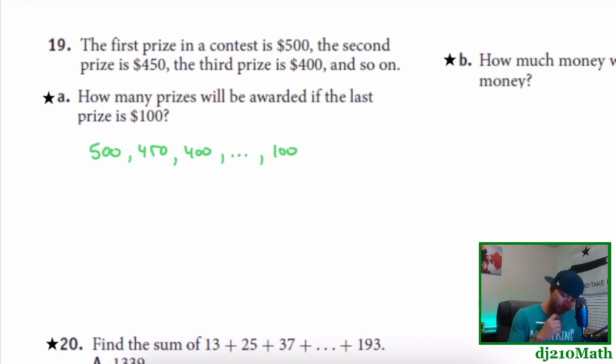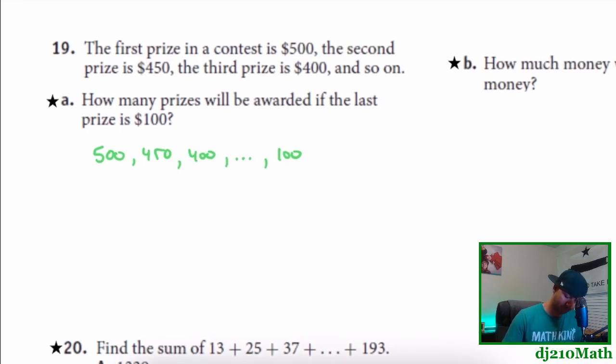Okay, well, I mean, it's decreasing by 50. Right, those are the ones that are missing. So 1, 2, 3, 4, 5, 6, 7, 8, 9. 9 prizes.